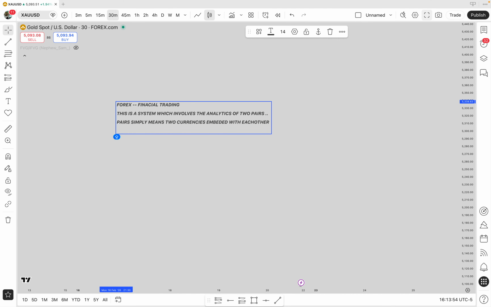For example, USD CAD. The full meaning is the United States dollar against the Canadian dollar. Now, your job as a trader is straight and simple. You are either predicting if one of this pair is going to be stronger than this pair over time.